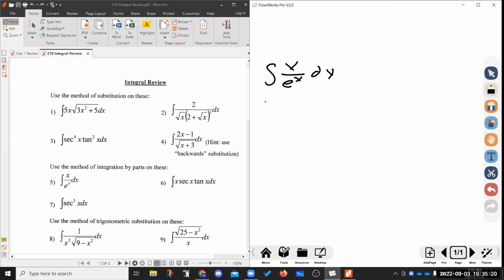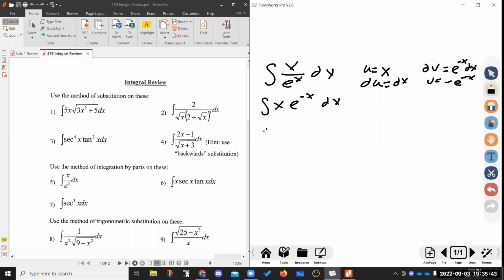So I'm going to rewrite this as x e to the negative x dx. I'm going to have x as my algebraic expression that I'm going to have equal to u. dv is going to be equal to e to the negative x dx since it's exponential. du is dx. V is negative e to the negative x when I integrate that.